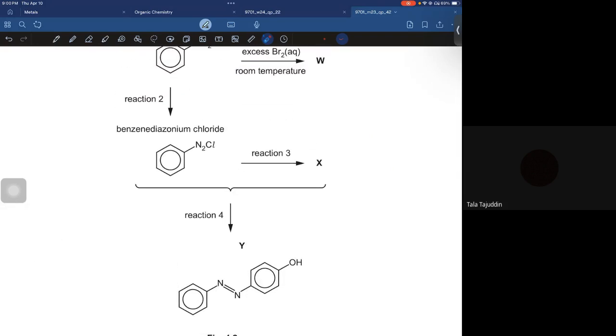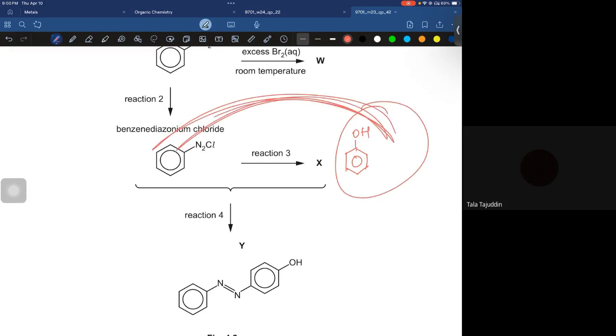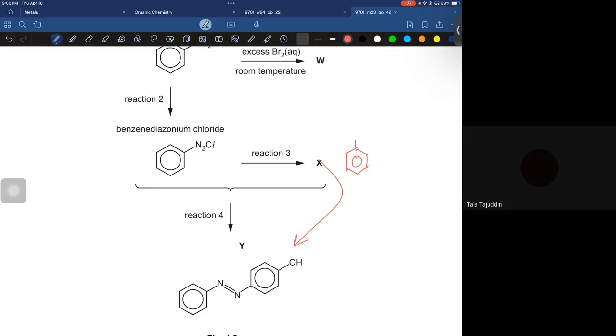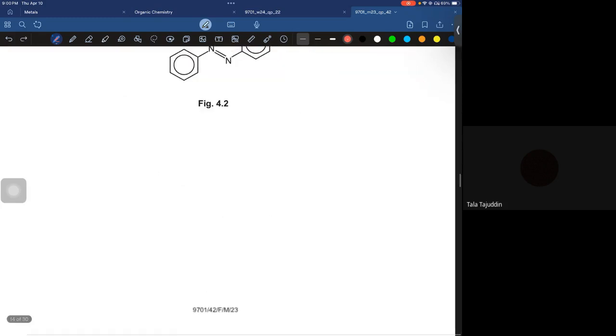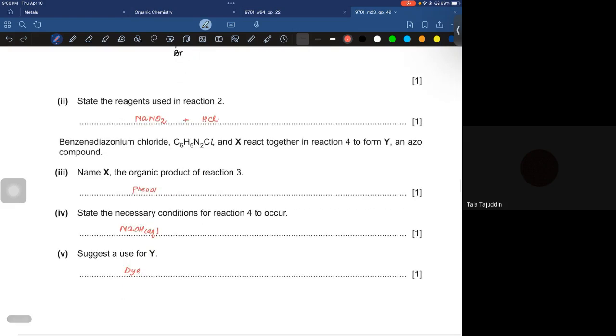So first of all, you have to convert this into phenol. That is this. Then they would be reacting with each other to form this Y. So that's the reason I have written this is phenol.